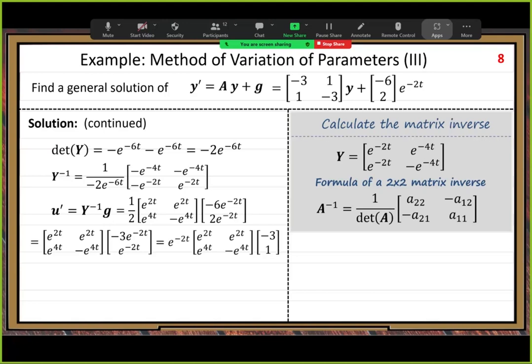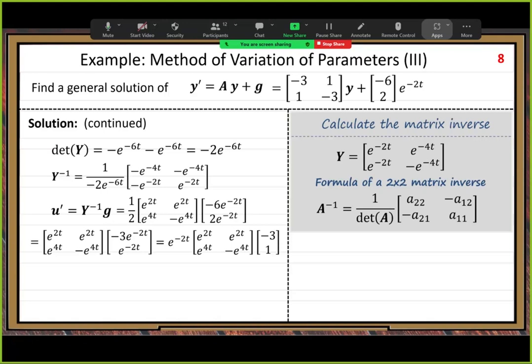In this vector, there is an e to the negative 2t common factor we can factor out of the vector. This scalar we can multiply through inside the matrix part.